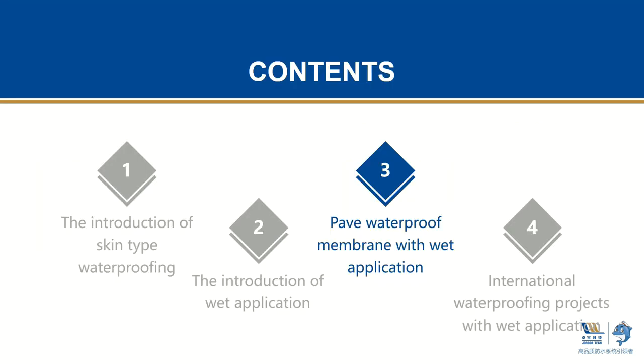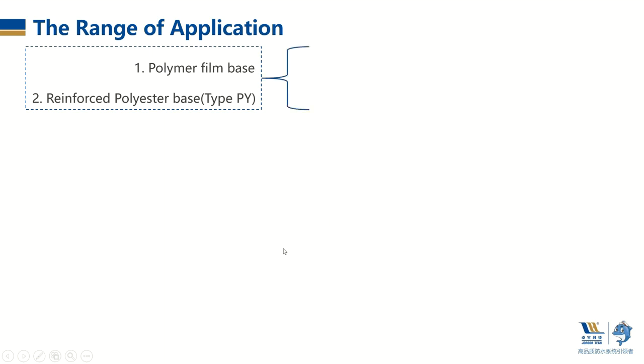We have talked some about the wet application. Then, how many steps to pave the waterproof membrane? Let's take a look together. Wet application can be bonded with polymer film base or reinforced polyester base, both single-side self-adhesive and double-side self-adhesive waterproof membranes.